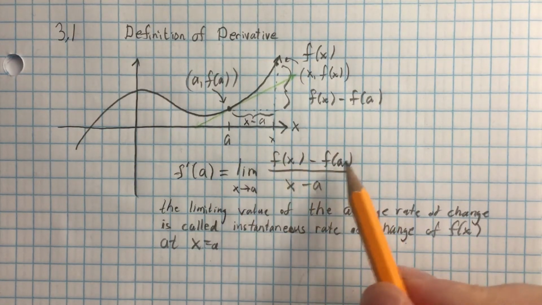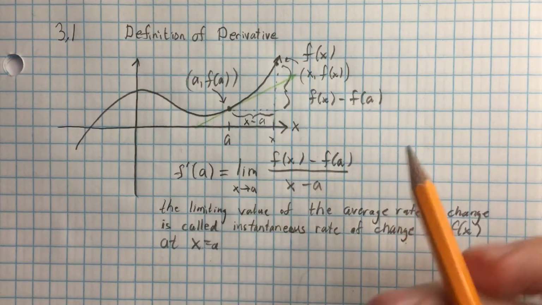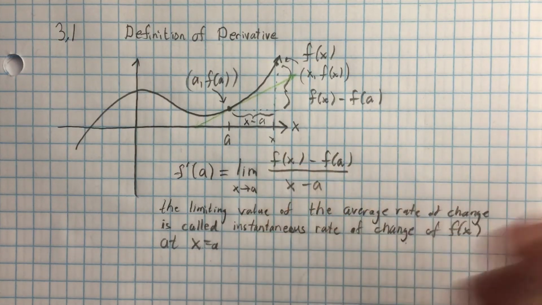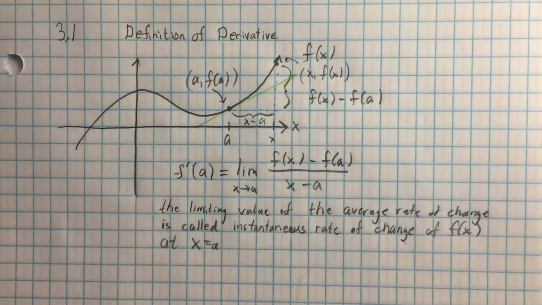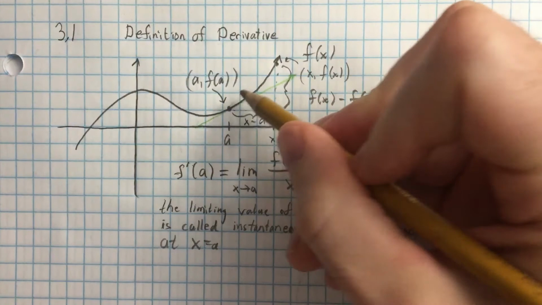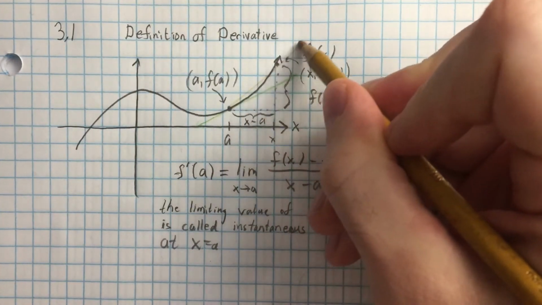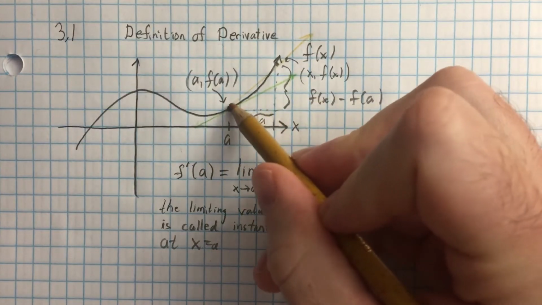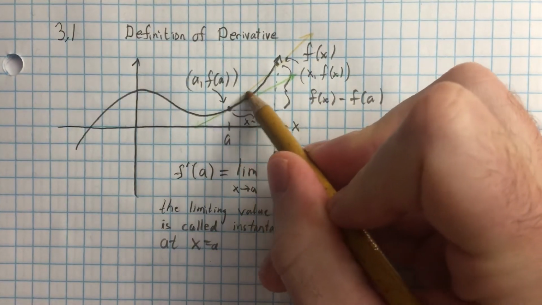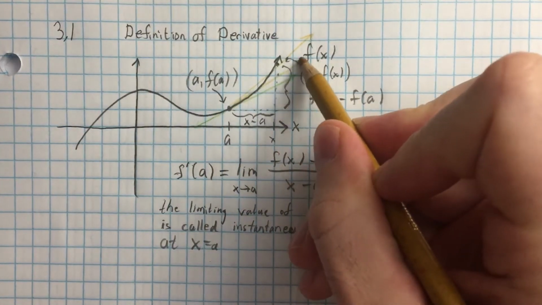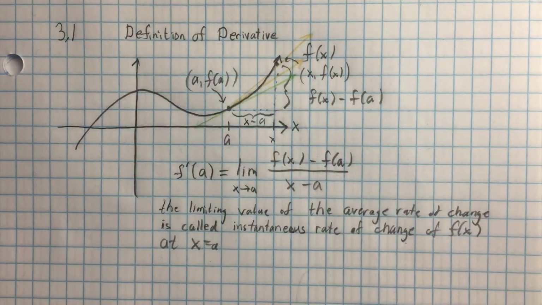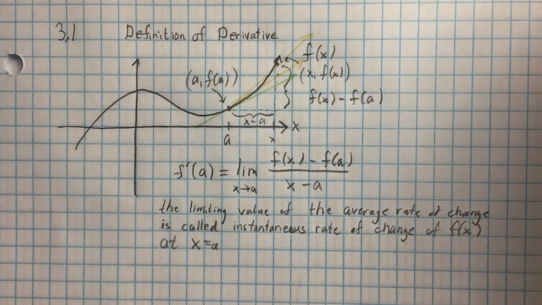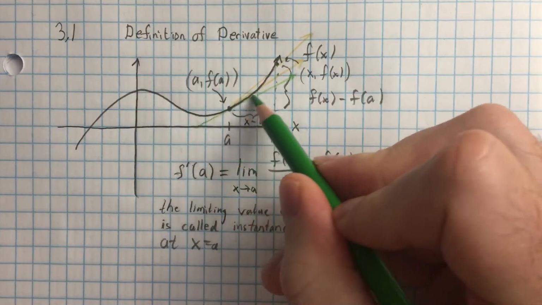So our average rate of change, once we apply this limit to it, and again, what is this limit doing? It's simply taking our secants, right? And it's making the secants converge more and more closely to acting like the tangent, right?